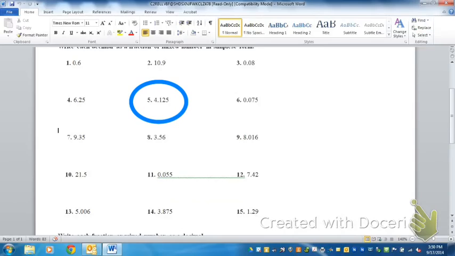Try number 5, 4 and 125 thousandths. So that's going to be read as 4 and 125 thousandths. I want to reduce that.